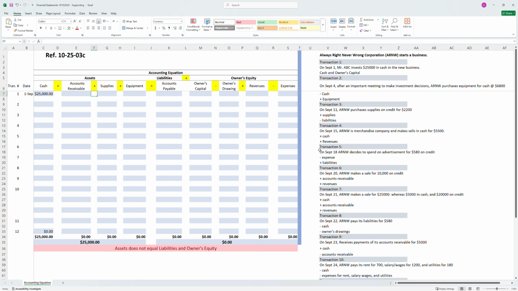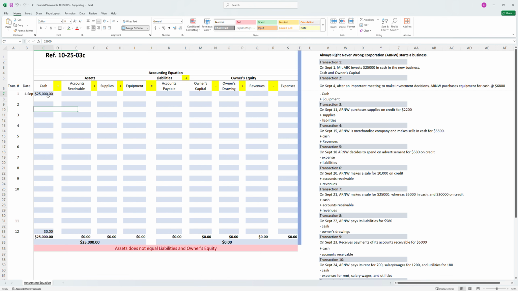So as you see, I've added $25,000 here, and then we got $25,000 here, but because we still have not credited the right accounts on the liabilities plus owner's equity side, this has changed color, and also the text is different.